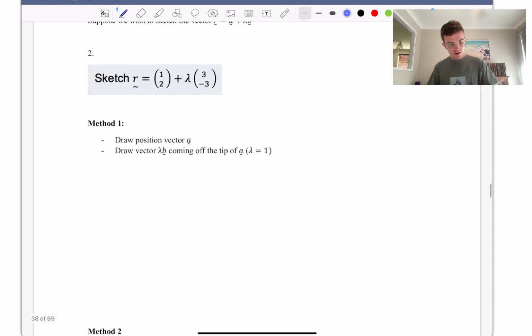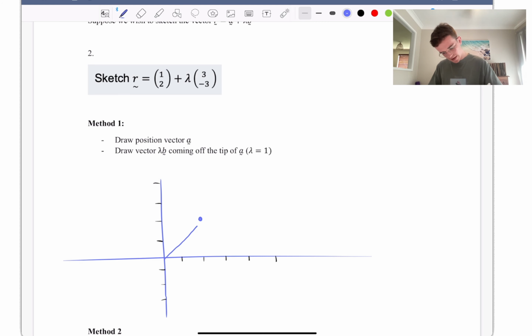The first method is to draw position vector A. So (1, 2), let's go 1, 2, 3, 4, 5, and 1, 2, 3, 4, minus 1, minus 2, minus 3. So (1, 2) is going to be right here.